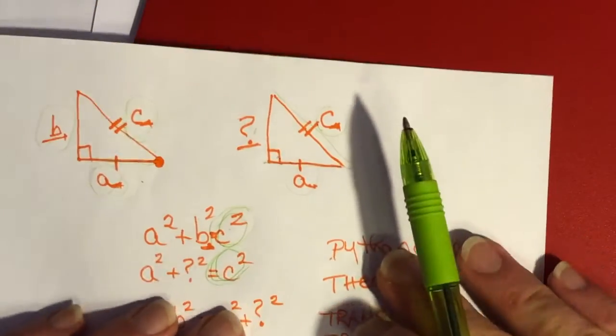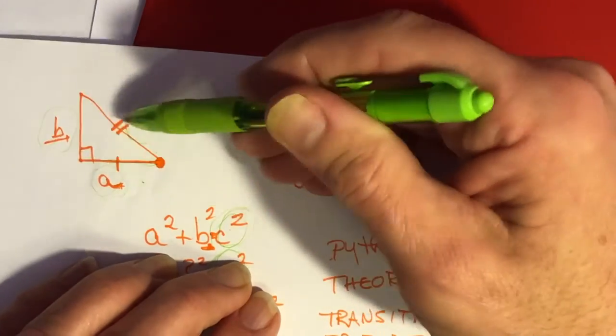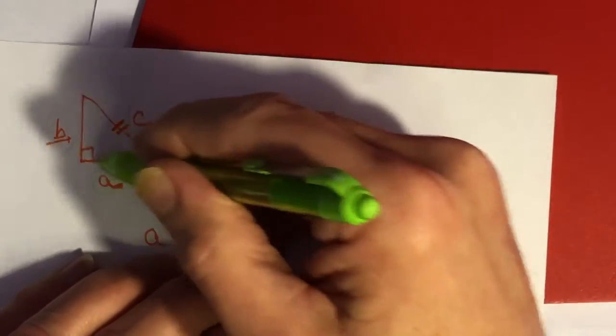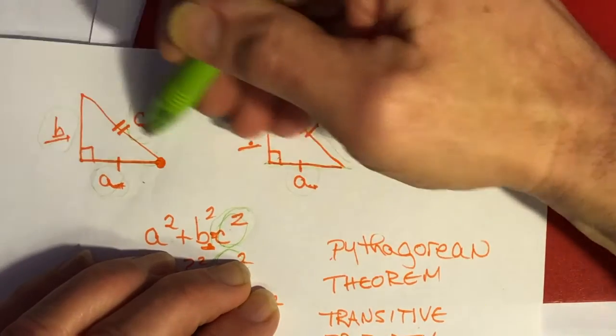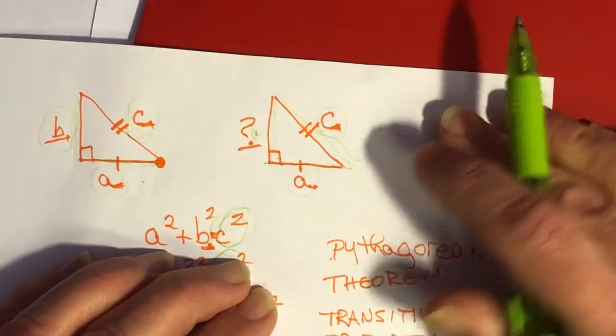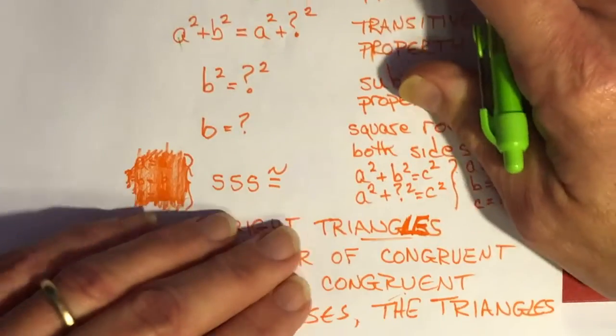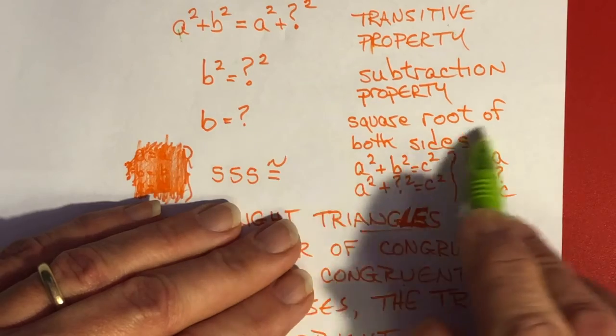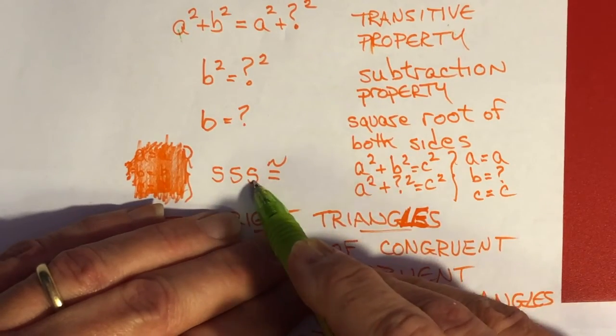So then I go back here and I say, well, okay, if this is a, b, and c, this also has to be a, b, and c because this is congruent to this is congruent to this. The remaining sides, here and here, have to be congruent. So basically what I'm saying is I take the square root of both sides. And so side, side, side.